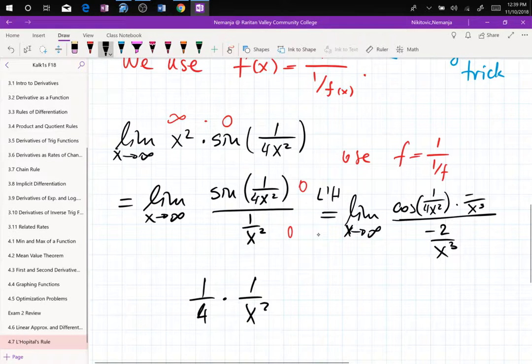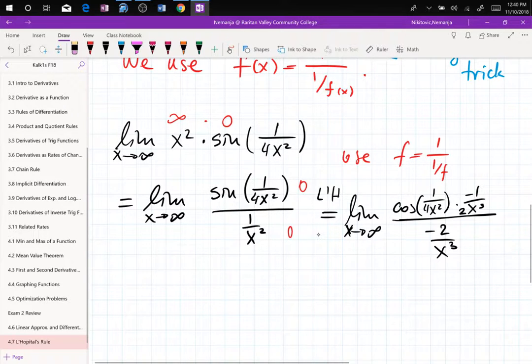this is supposed to be negative 1 over 2. There we go. Right? Is that better? Because it's 1/4 times negative 2 over x cubed. And then these cancel, so negative, okay, good. Great.